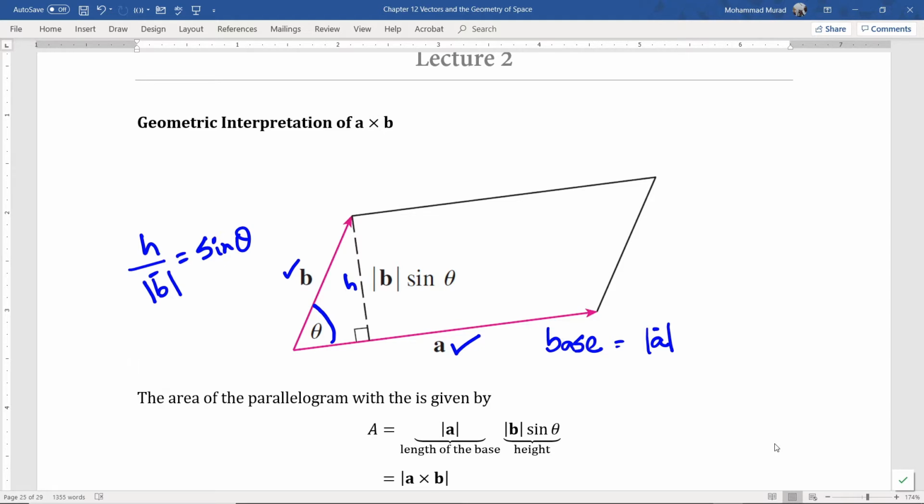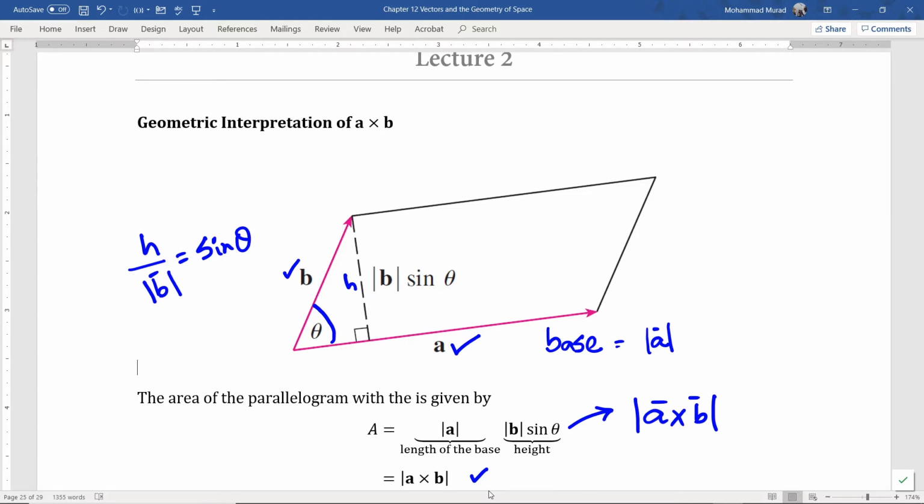So the height would be simply the magnitude of B times sine of theta. And this, by the previous theorem, can be written as the cross product of the vectors. In fact, the magnitude of the cross product of the vectors.